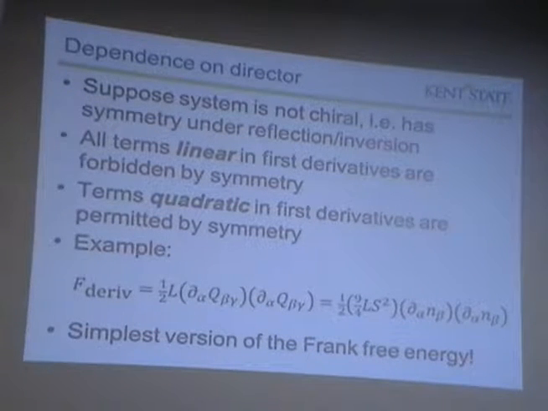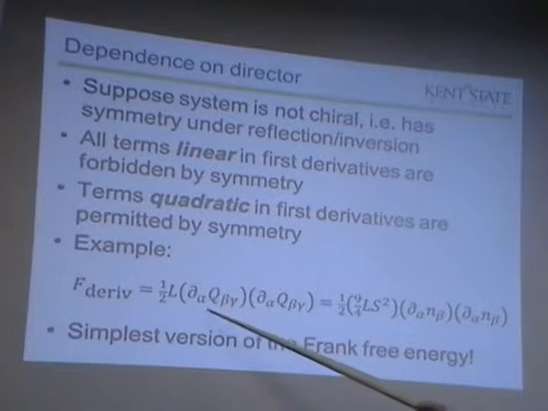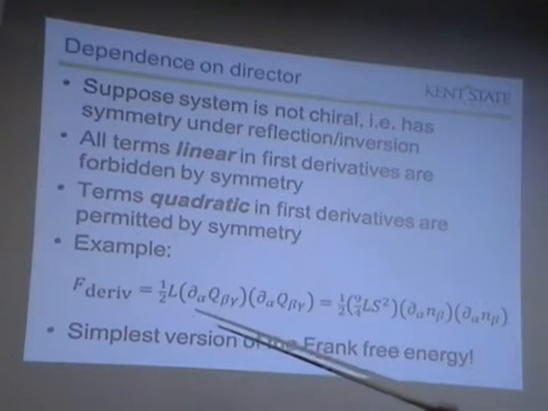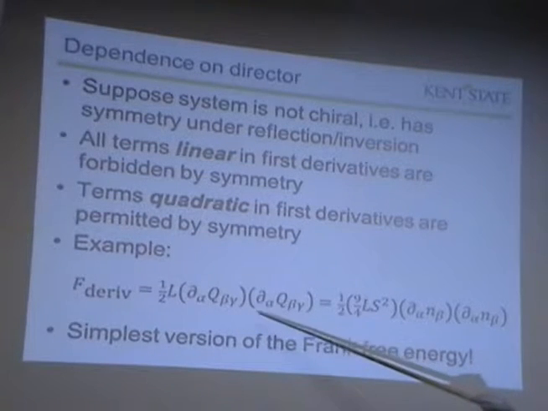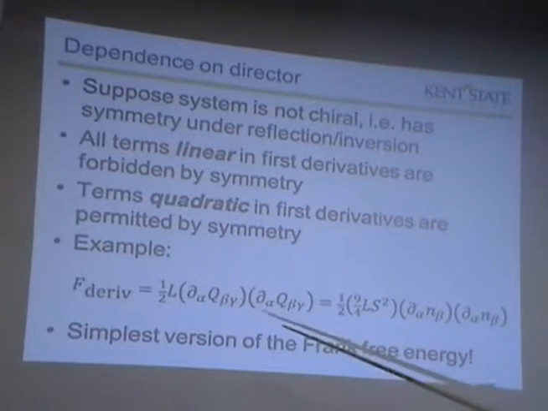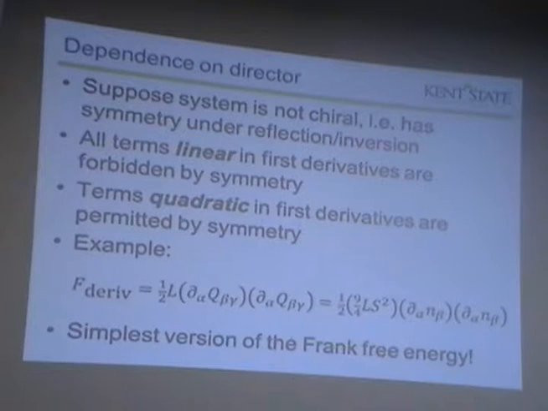Reminding you of tensor algebra, when an index is repeated twice, it's implicitly summed over. So this is a sum over alpha going x, y, z, beta going x, y, z, and gamma going x, y, z. So this is 27 terms right here. And this is an example of a gradient squared term.